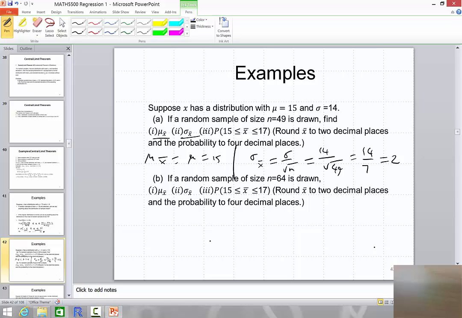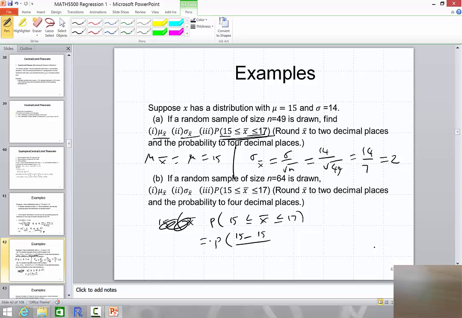We did this. Let me do this part over here. The probability that X bar is between 15 and 17, the same concept as the one I did in the previous slide. Subtract the mean, which is 15, and divide by the standard deviation.